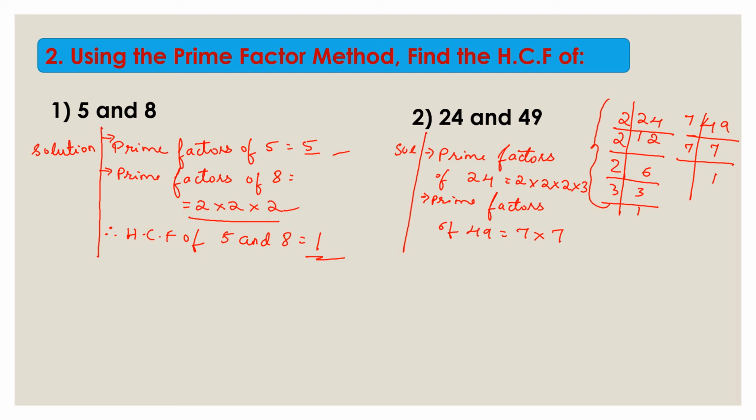Now observe here to find the common factors. Do you get any common factor? Any common numbers present? No. They are co-prime numbers. When the numbers are co-prime, what will be the HCF? HCF will be 1. Therefore, HCF of 24 and 49 is equal to 1.